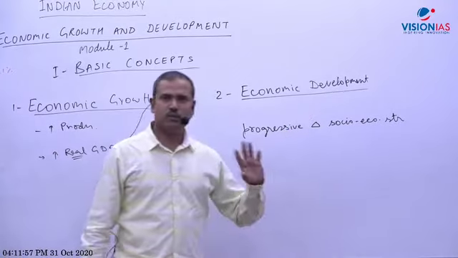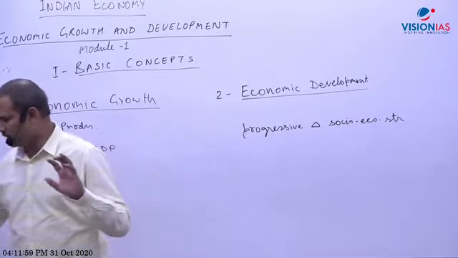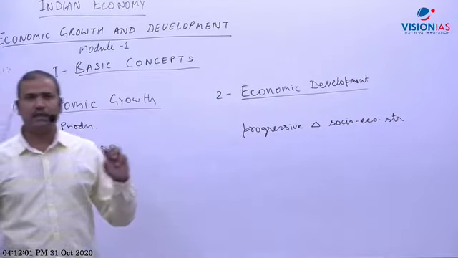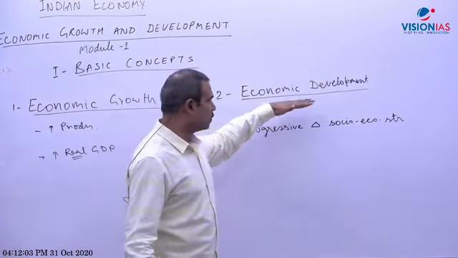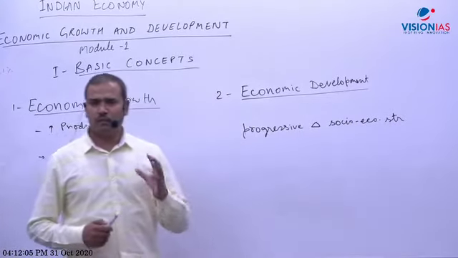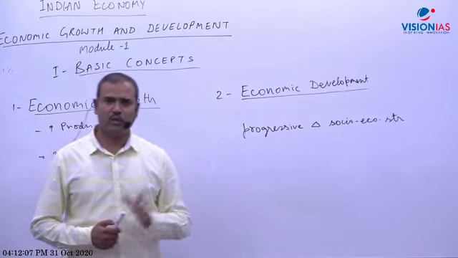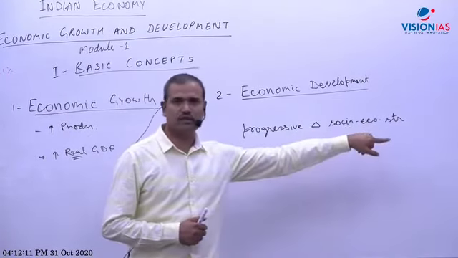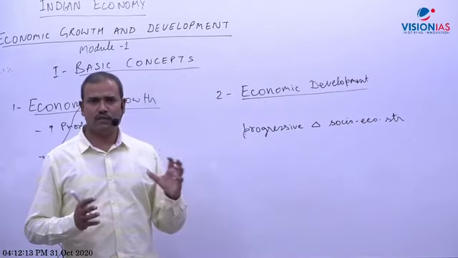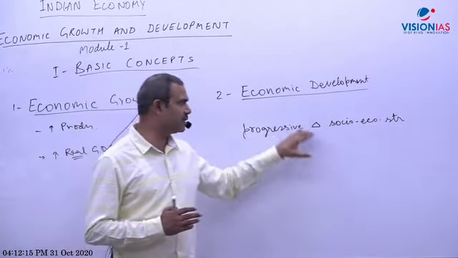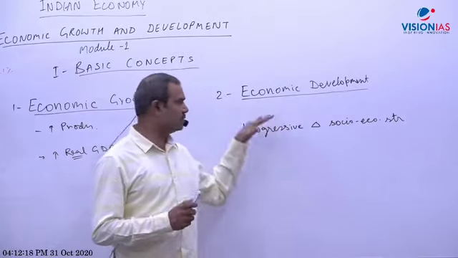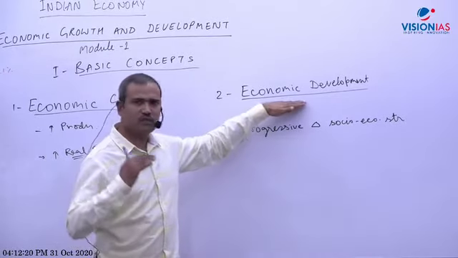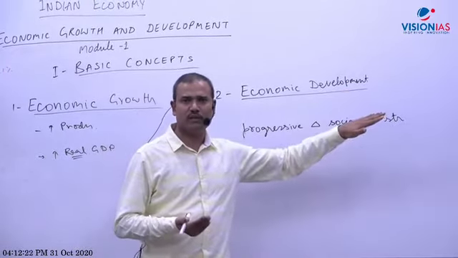Can we say both definitions are similar, first and second? The first definition says it refers to that process of economic growth which is accompanied by improvement in the well-being of people. And here I am saying progressive changes in the socio-economic structure of the economy.